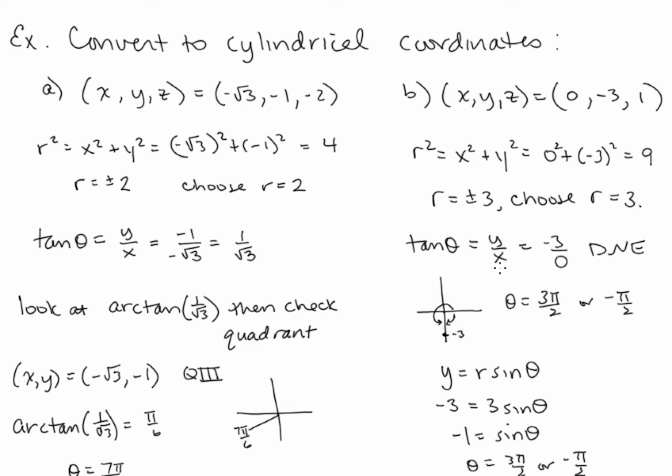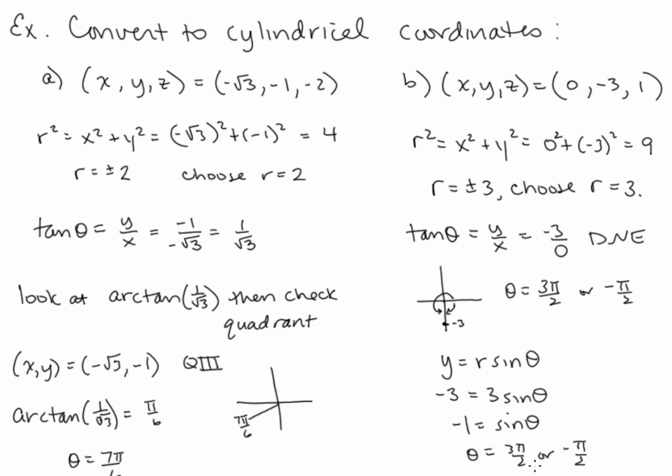So when x is equal to 0, one way you can find theta is by plotting the point and recognizing the angle from your plot. But you could also use formulas to get it. We could use, for example, the formula y equals r sine theta, plug in the y value, plug in the r value we just found, and we have here that sine theta is equal to negative 1. So again, either theta is 3 pi over 2 or negative pi over 2.